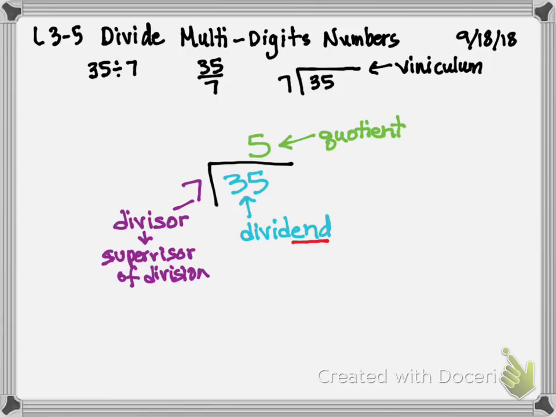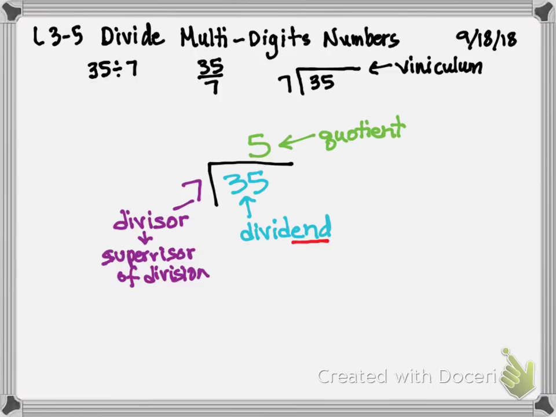So we're trying to figure out how many times the divisor goes into the dividend. It could go in evenly, or there could be some leftovers, but for our purposes, we're just going to focus on numbers that work out beautifully. Remember, in the last several lessons we've been using estimation.